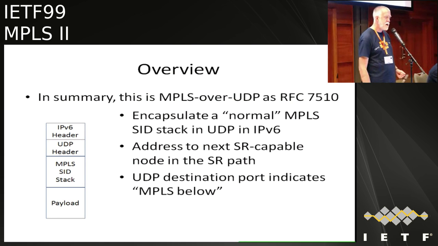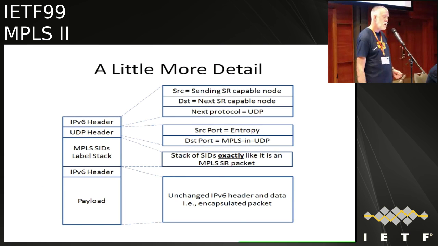So in a little more detail, you see from the bottom upwards, the payload is entirely unchanged. You just pick up the payload and drop it underneath an MPLS SID stack, just like if you were doing MPLS-SR. And you drop that itself into a UDP header, just like you were doing 7510.